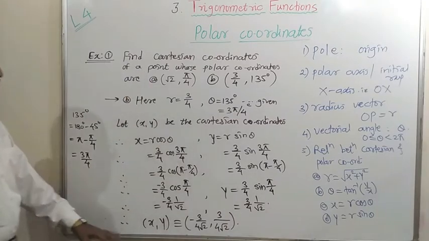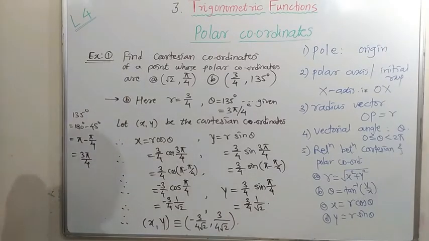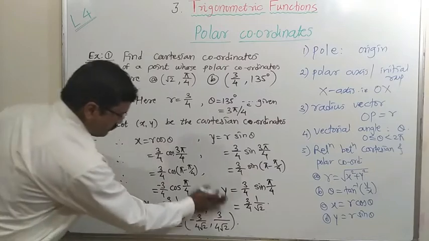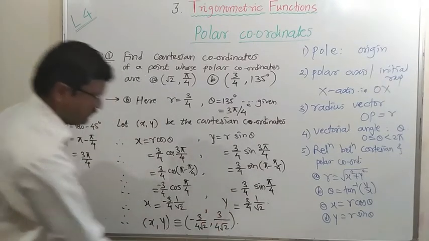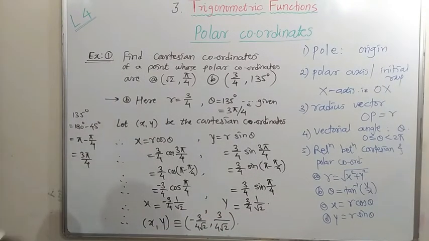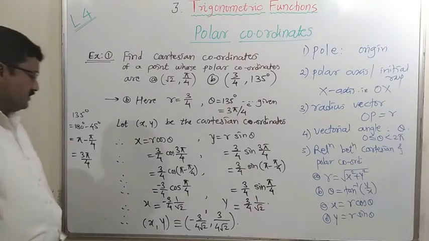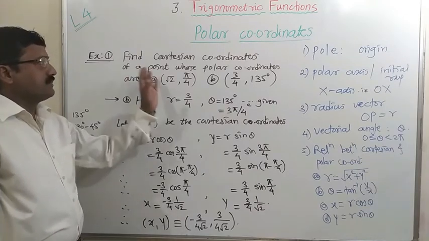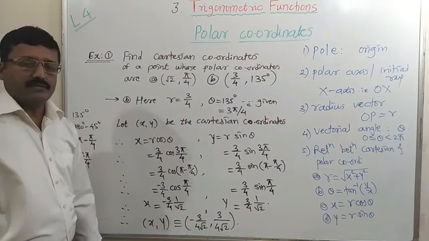These are the Cartesian coordinates. It is not difficult to find the Cartesian coordinates from given polar coordinates of a point.